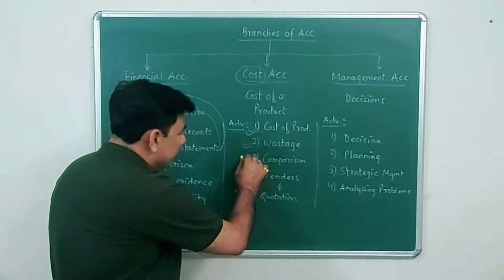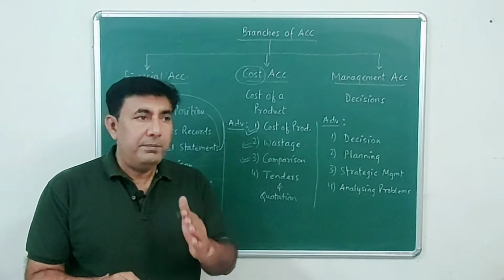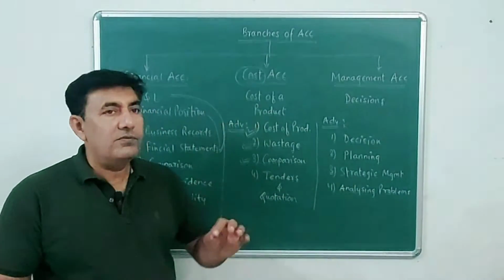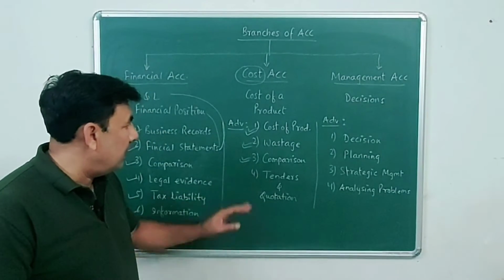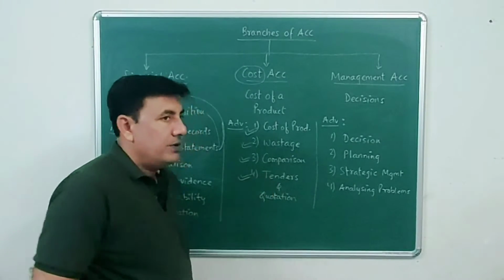Then comes comparison. Again, the cost of production of the current year can be compared with the cost of production of the previous years only with the help of cost accounting. So this is also a very important advantage of cost accounting. Then tenders and quotation.